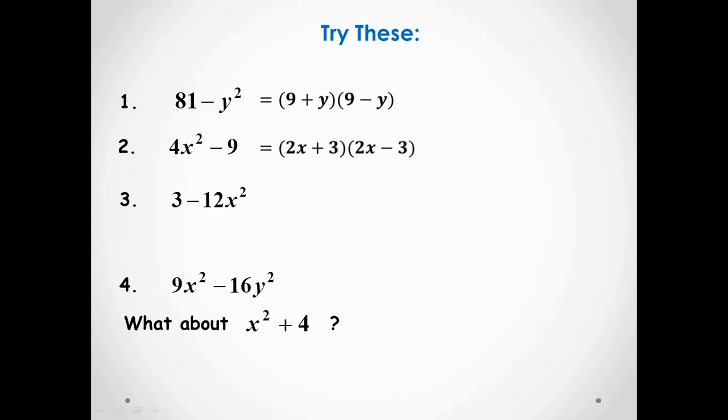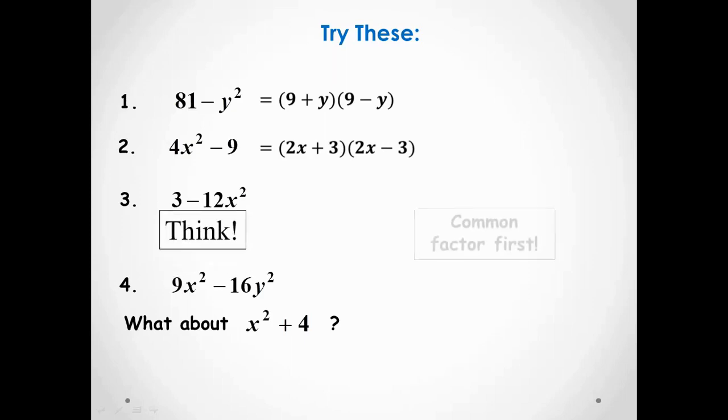Now look at this third one. At first glance we said, well, there's a minus sign between the two terms. However, we realize that this 3 is not a perfect squared number, and this 12x squared is not a perfect squared number. But if we go back to factorize using the highest common factor, then we realize that 3 is a common factor.